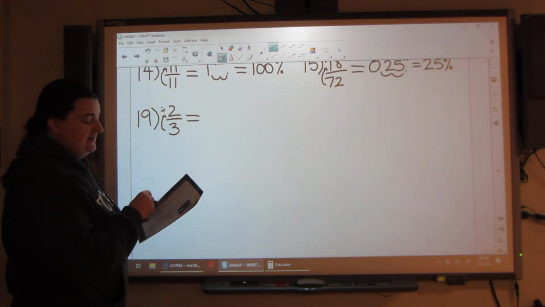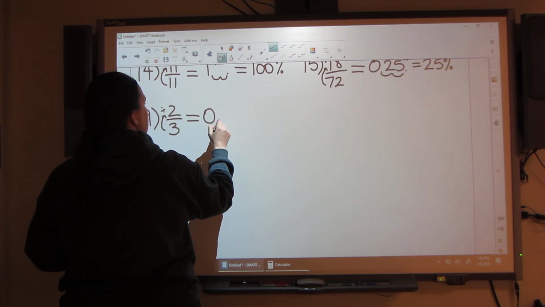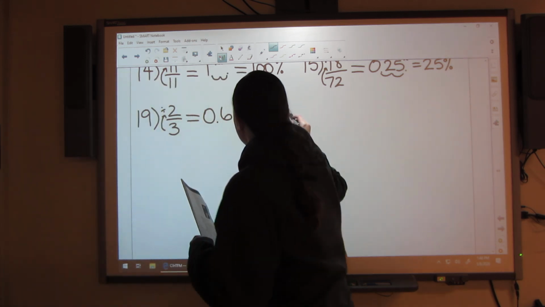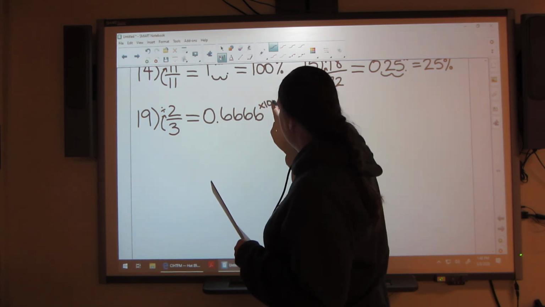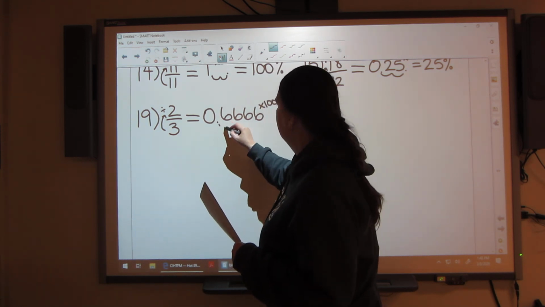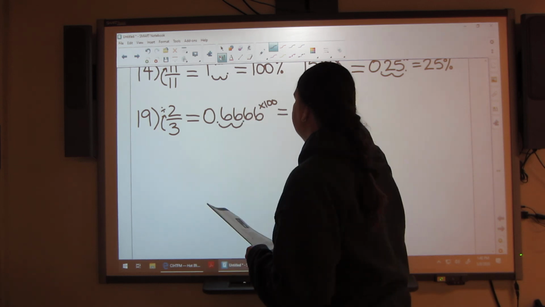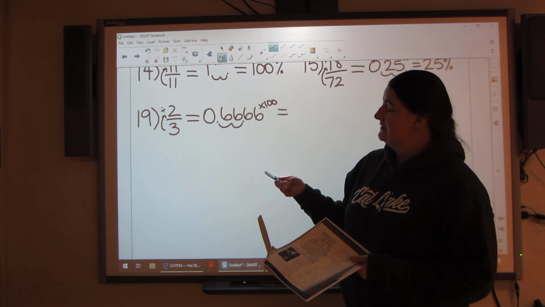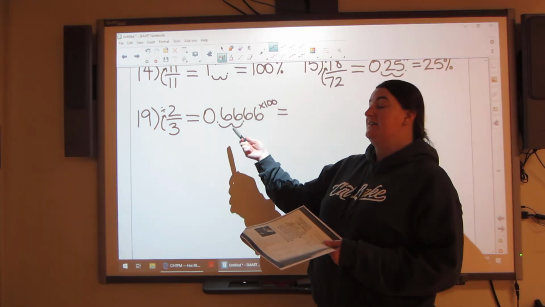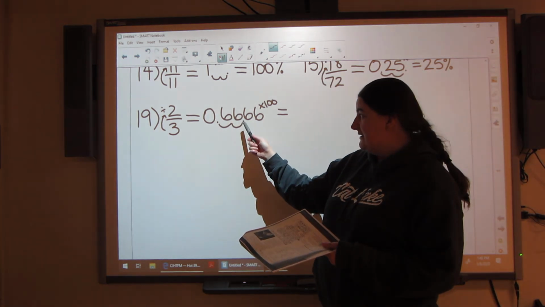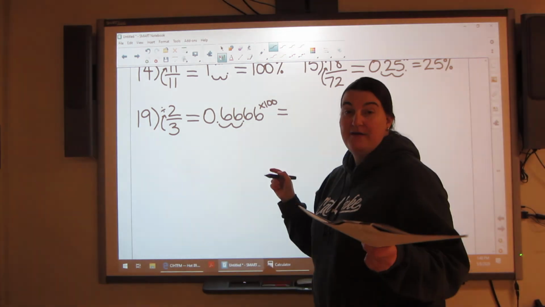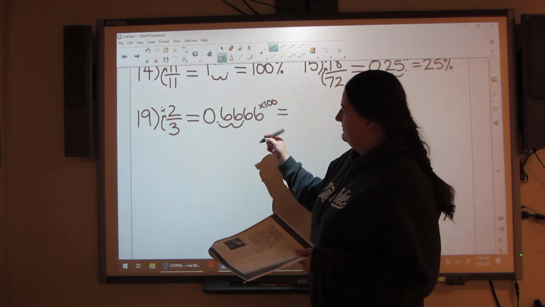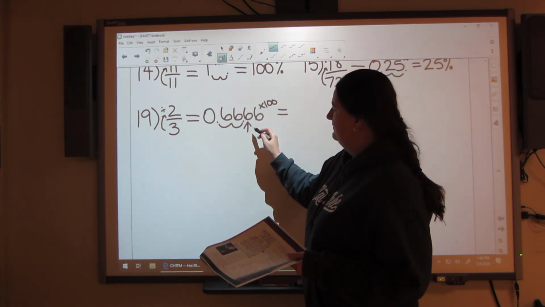Now this one says we might need to do some rounding. 0.6666, we still need to times by 100. So now my decimal's in between the 6's. So my percentage is going to be 66 points, and here's where the rounding comes in. We need to round to the 10th. So here's your 10th column.